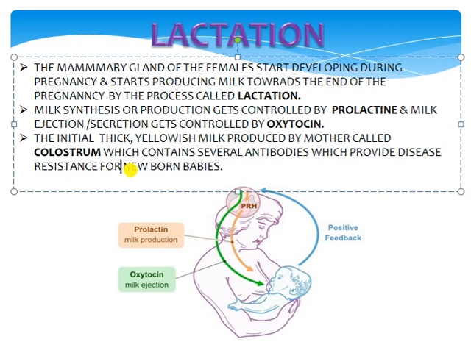Then the suckling reflex goes to the mother's brain, from there prolactin and then oxytocin will be released, and they are responsible for lactation as well as milk secretion. And colostrum is also a very important thing, the thick yellowish milk which is released first, containing many antibodies providing disease resistance to the newborn baby. So that's why lactation is a very important part.